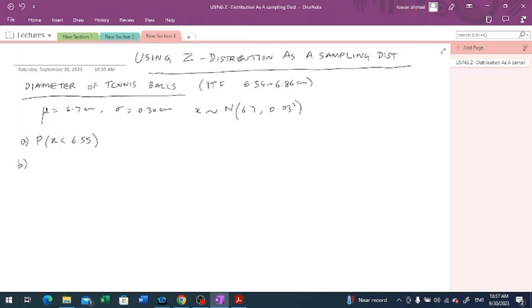Similarly, the probability that a randomly selected tennis ball has a diameter exceeding 7.3.